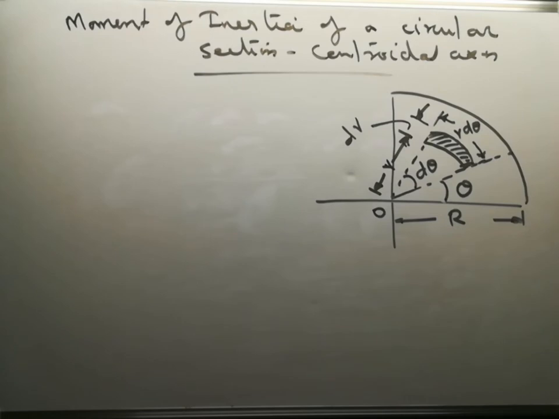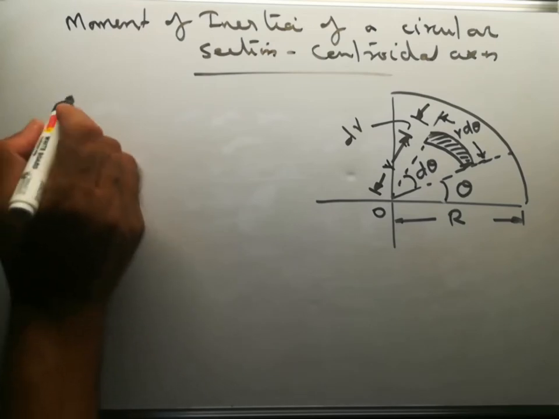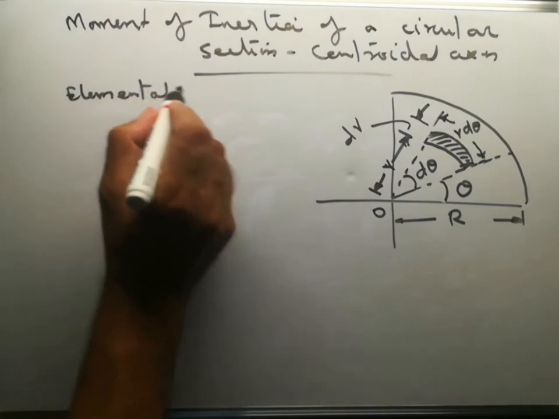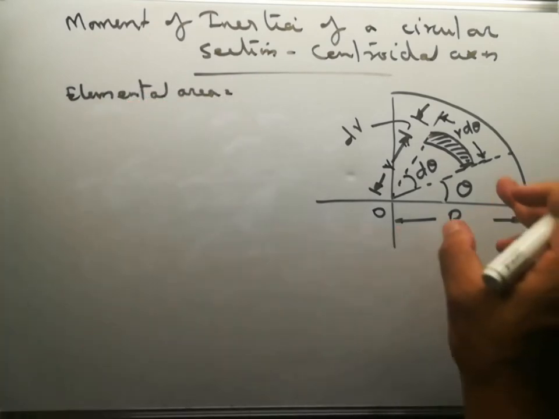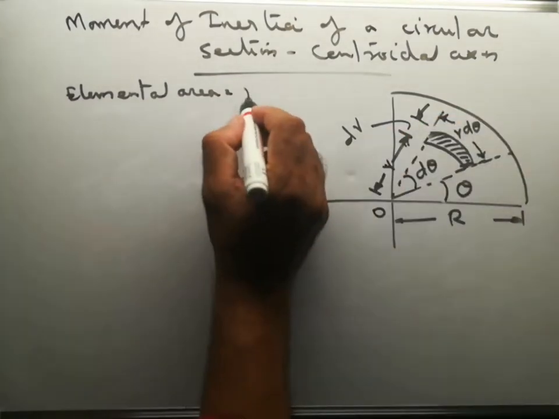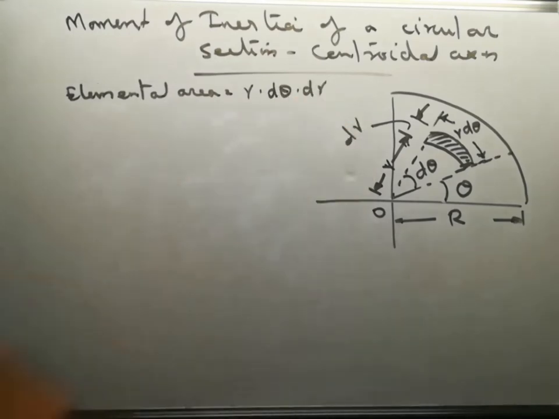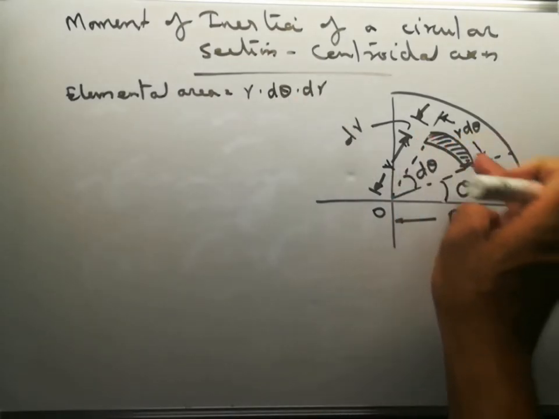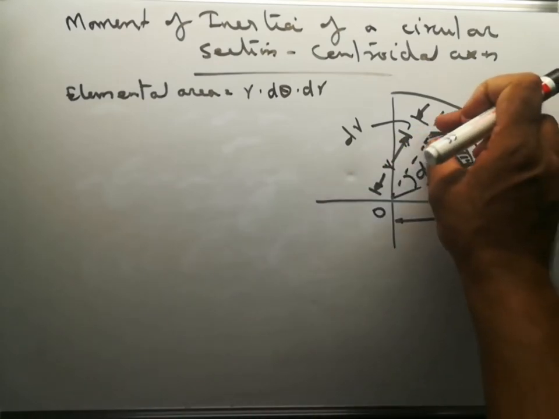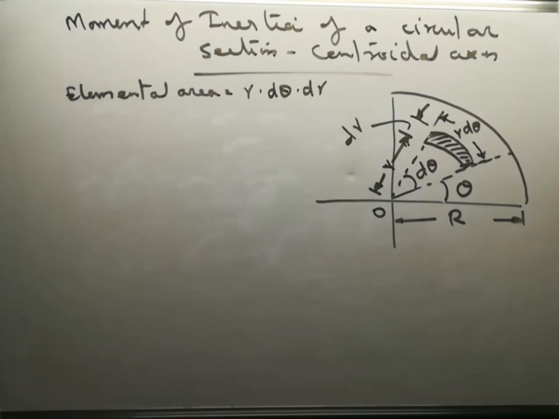Okay, so the area of that elemental strip is equal to r d theta into dr. Is it not? r d theta is the arc length, and the thickness or width of the strip is dr. Now let this be the xx axis.